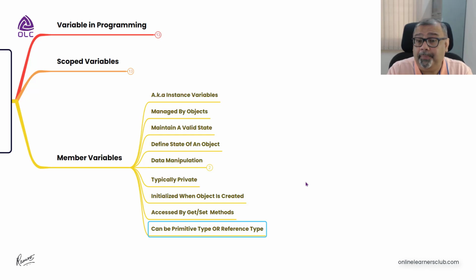And then there can also be a primitive type or a reference type. For example, I can have a variable, say age. Age is an integer. So int age is something you can specify as a variable representing a primitive type. Or I can also have an Integer object.